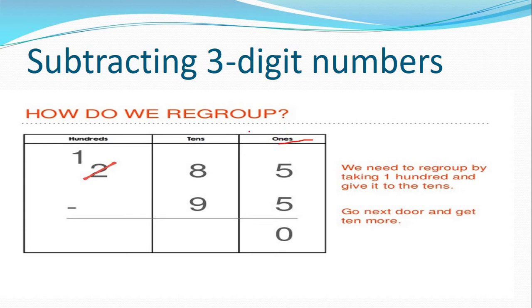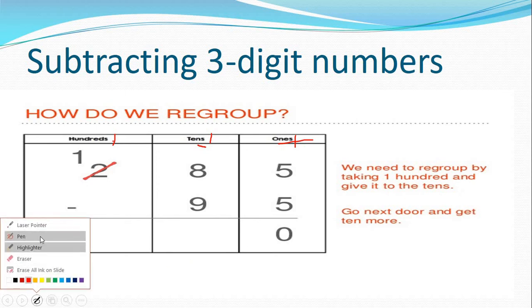First of all, here are the tens, the hundreds, and the ones. We need to regroup by taking 100 and giving it to the tens. Understood? We need to regroup by taking a 100 and giving it to the tens.